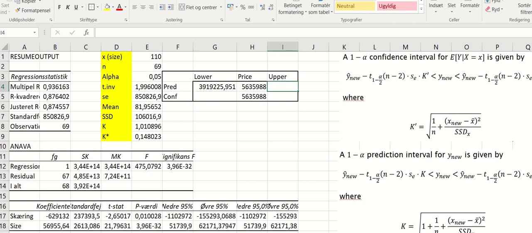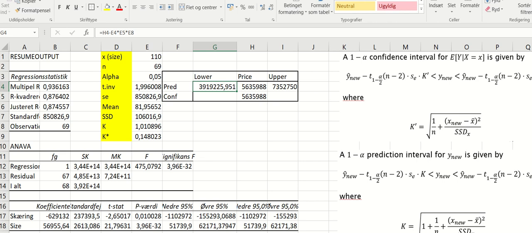And on the other side, it's the same thing, just with a plus: our price plus our t-value multiplied by our standard error and multiplied by our k-value. Here we are. So this is our prediction interval.